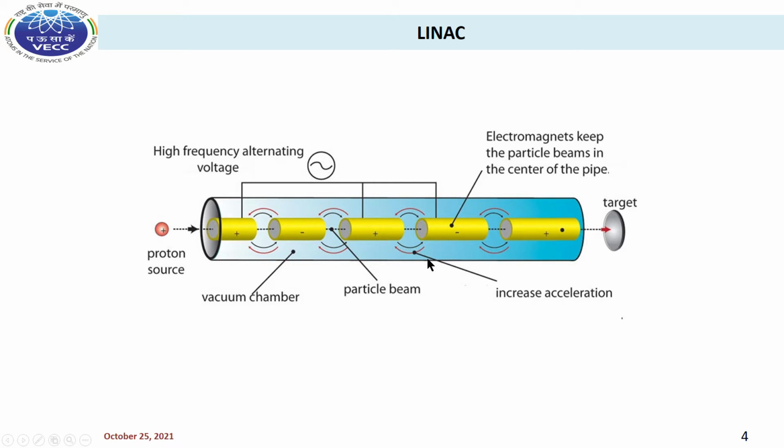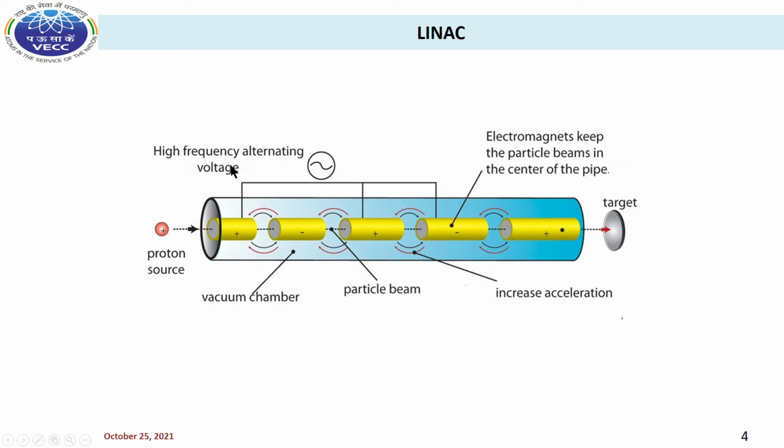So, linac. When the shape of the accelerating chamber or the path of the beam is linear, we call it a LINAC or linear accelerator. Here ions are impelled to gain energies in a straight line. Here we see within a cylindrical evacuated chamber, particles are getting accelerated.